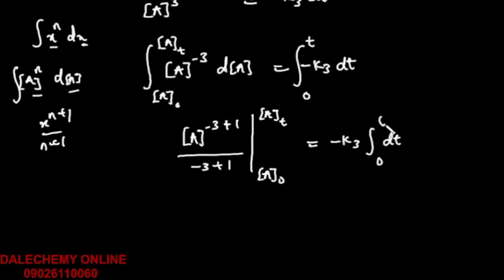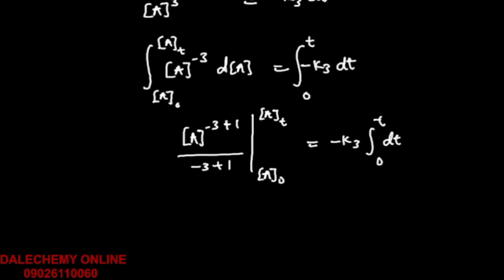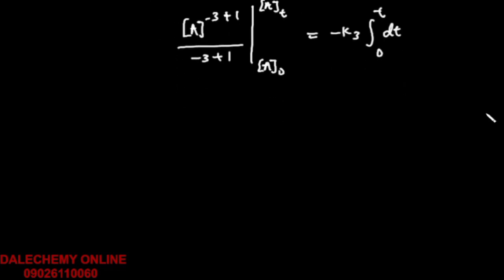And I believe you understand, and I believe you know what the integration of the dt will give us. So let's get rid of this. So we're going to continue. We have A raised to power minus 2 over minus 2 from A naught to A sub t.